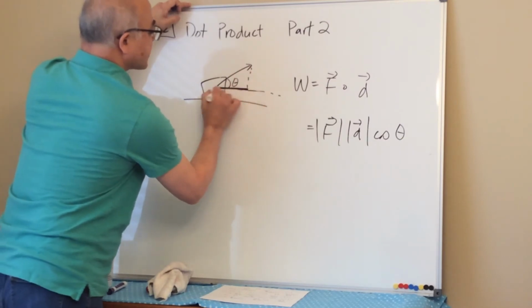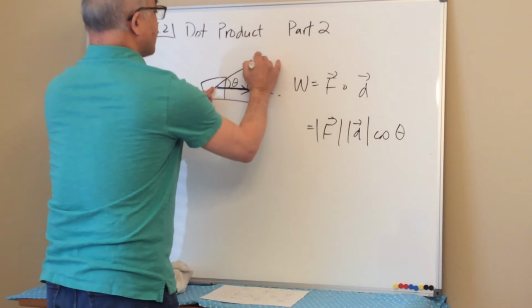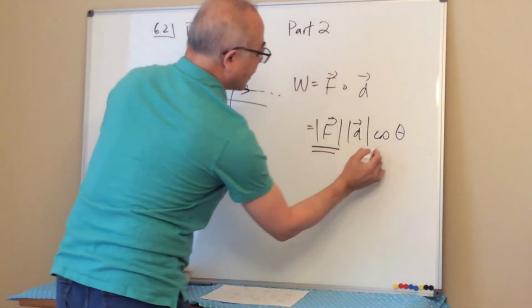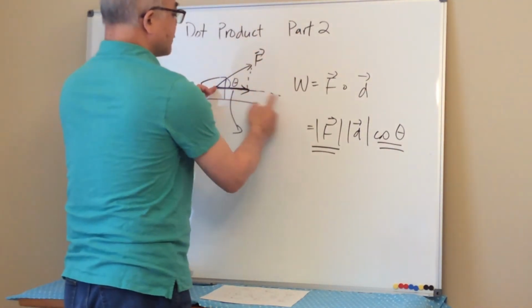If this was F, this is F times cosine theta, and D is just the distance that you traveled.